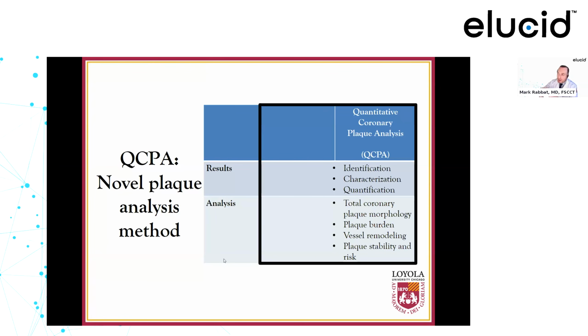So we can identify, we can characterize, we can quantify the burden of atherosclerosis. We can look at total coronary plaque morphology, plaque burden, vessel remodeling, plaque stability, as well as overall risk using QCPA.